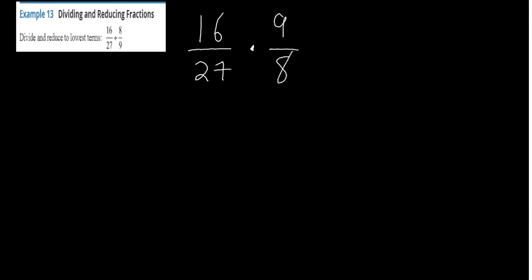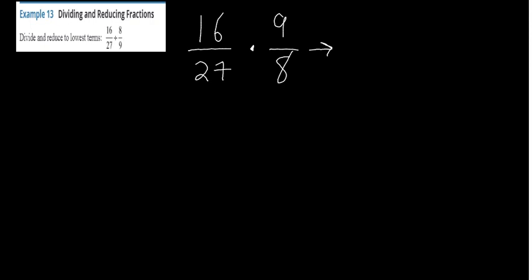Okay. So what we can do is obviously bust out the calculator and figure out what 16 times 9 is and what 27 times 8 is. Or we can kind of reduce this to something that's easier to work with.